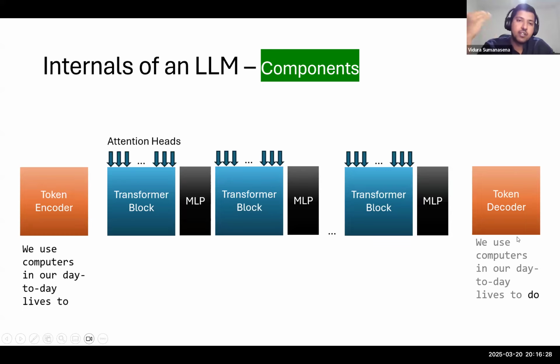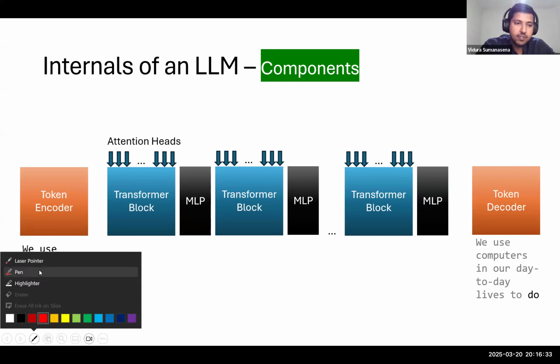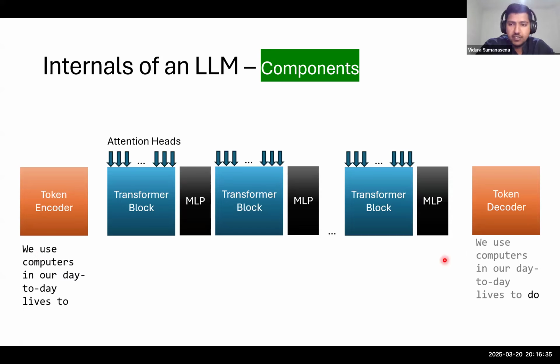In order to keep this generation going, it feeds this generated text, "we use computers in our day-to-day lives to do," back into the large language model so that it will continue generating text for that sentence. So these are what we call autoregressive models. It will sequentially do it. That's why you usually get sequential answers whenever you ask something from a large language model like ChatGPT.